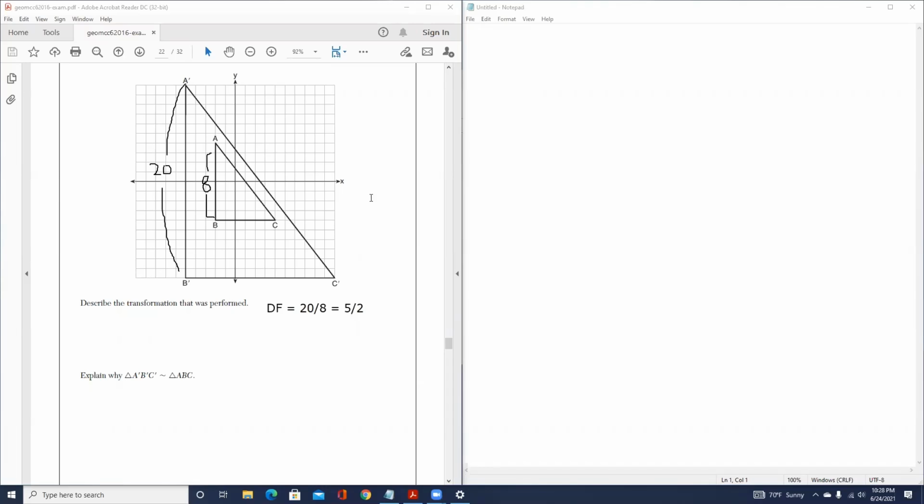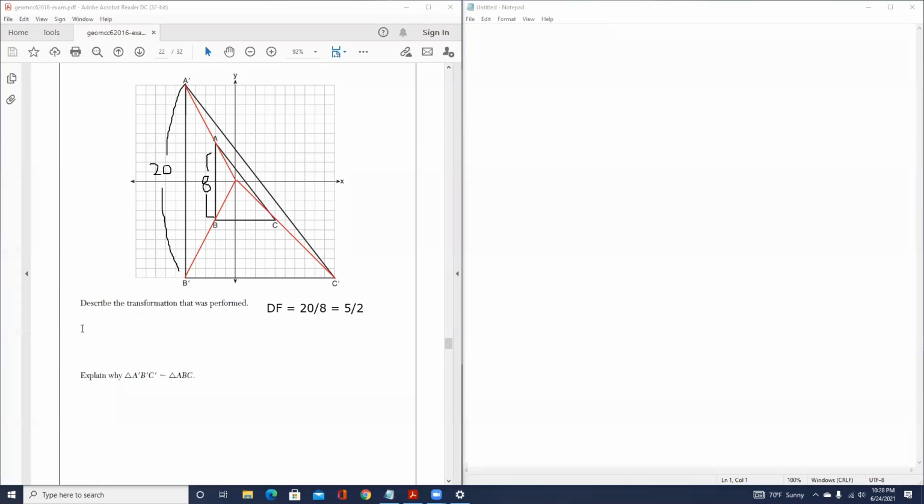Now, where is the origin of this dilation? Where is the dilation point? And it looks like it is the origin. And the reason I can tell is that I want to draw these lines in red. If you draw a line that goes through each point and its dilated counterpart, then they all intersect at the origin.